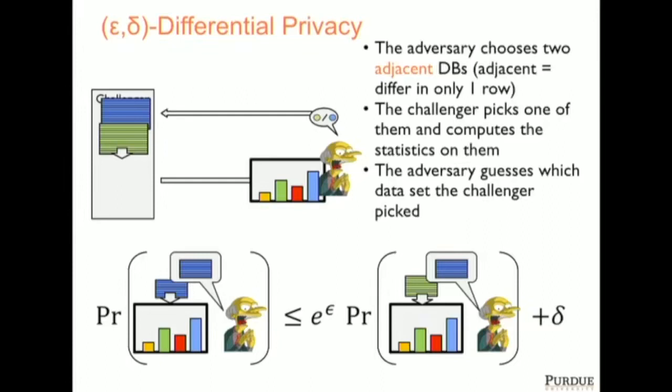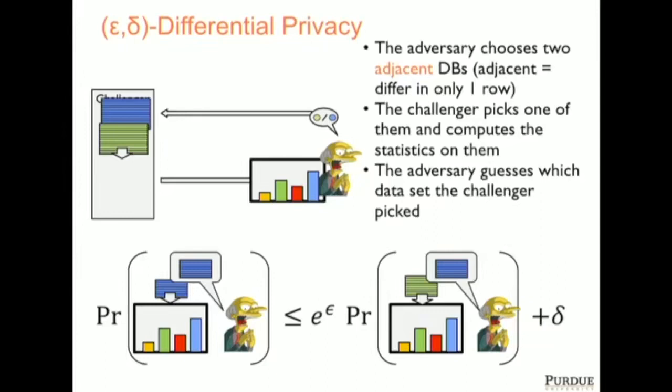So, this makes us ask, what does this multiplicative factor mean? This is an interesting concept in itself, because if these are the probabilities that we are comparing, for simplicity I assume that this delta factor is 0. We typically expect it to be negligible, but let us assume it is 0.